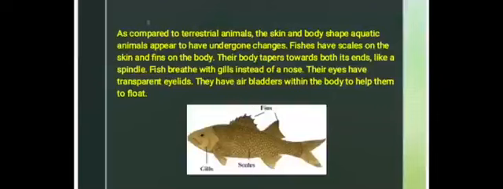Fishes have scales on the skin and fins on the body. Their body tapers towards both ends like a spindle. Fish breathe with gills instead of a nose. Their eyes have transparent eyelids. They have air bladders within the body to help them float.